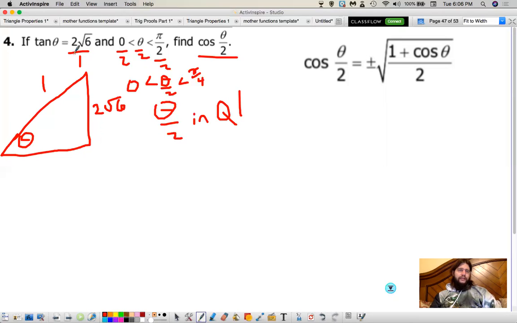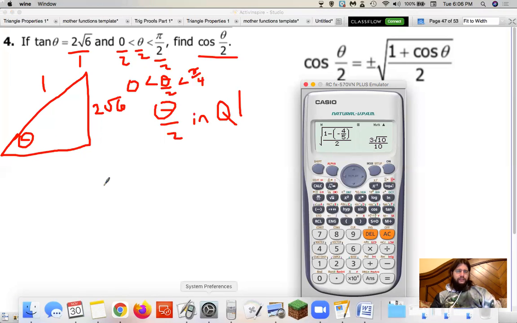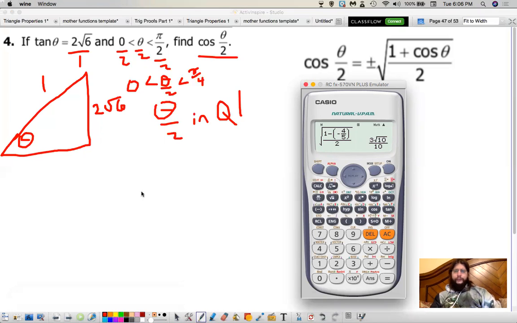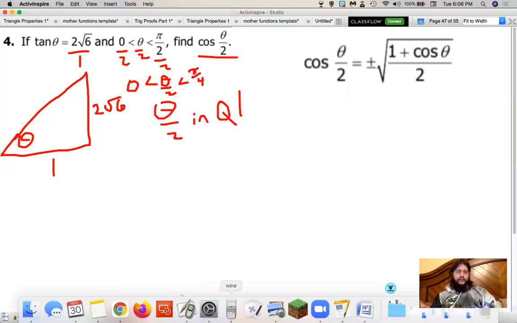I put it over 1 because I need a fraction for my triangle. Using the Pythagorean theorem, what am I doing? That's tangent. Tangent's opposite over adjacent. Sorry. Okay, glad I caught that before we went any further.